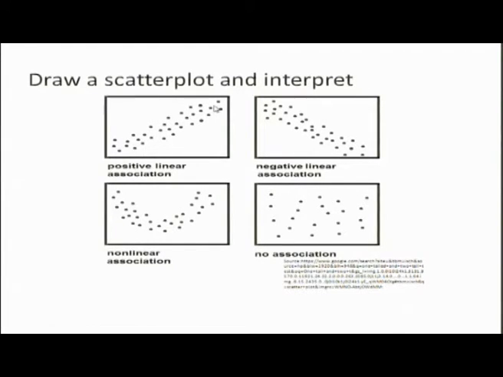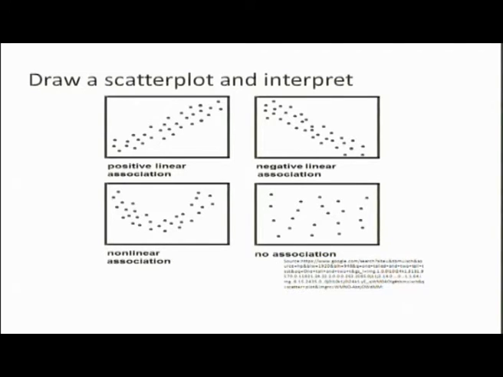In this case we say that there is a positive relationship between x and y. And since it is possible for you to draw a straight line passing through most of these points in such a manner that a large number of points fall on the straight line, some points are above the straight line and some points are below the straight line, this kind of relationship is called positive and linear association.